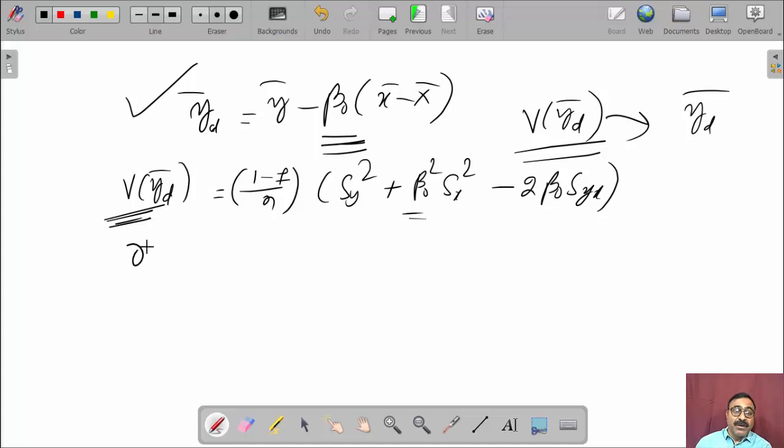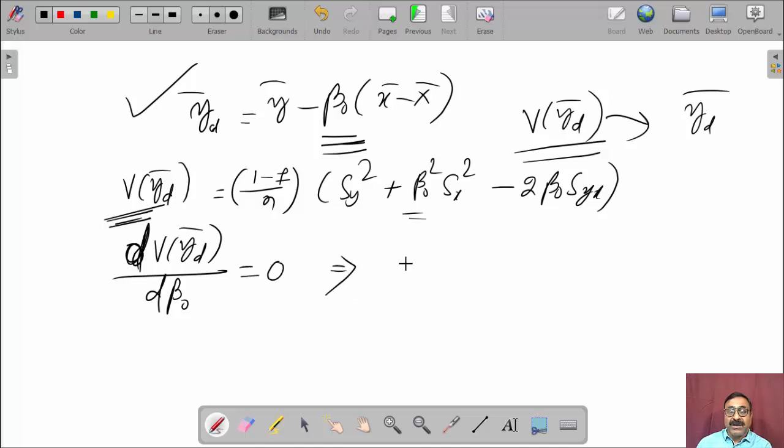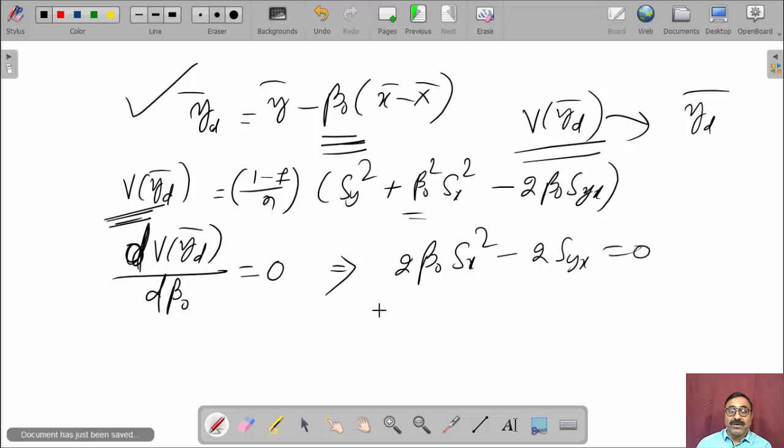So we differentiate the variance of y d bar with respect to beta 0 and equate to 0, so that we get 2 beta 0 Sx square minus 2 Syx equal to 0.